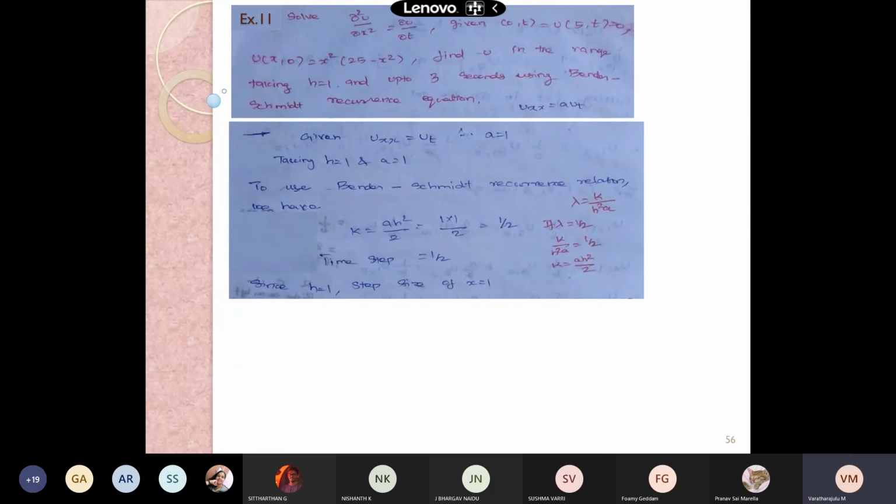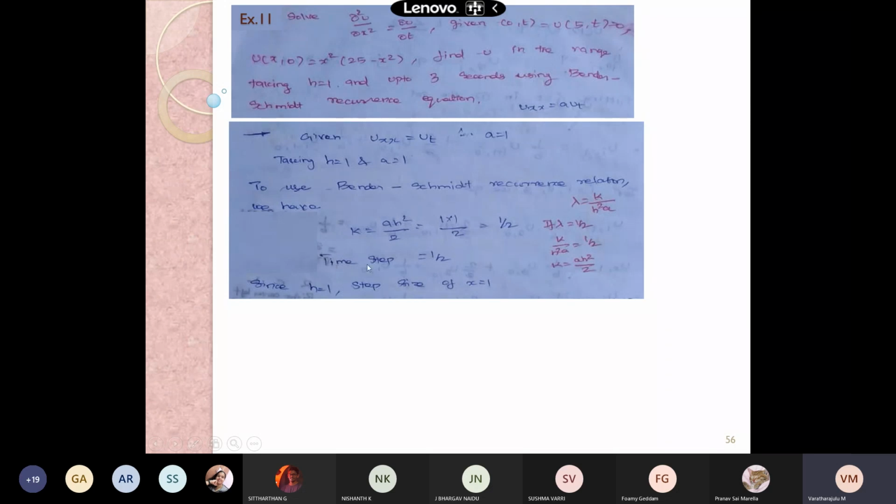So here lambda is equal to k divided by h square a. If lambda is equal to 1 by 2, what happened? k divided by h square a is equal to 1 by 2, so k is equal to a h square by 2. Therefore, k is equal to a h square by 2. a is equal to 1 and h is also given as 1, so 1 into 1 divided by 2 becomes 1 by 2.